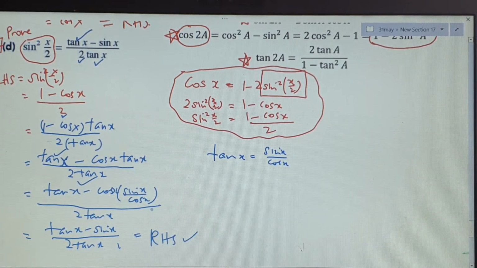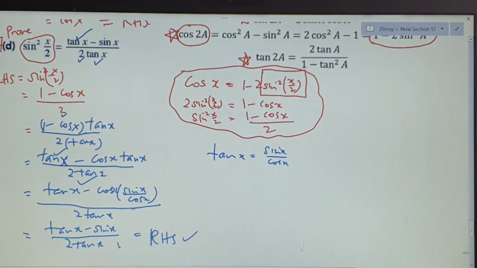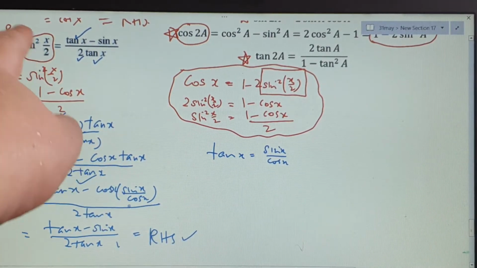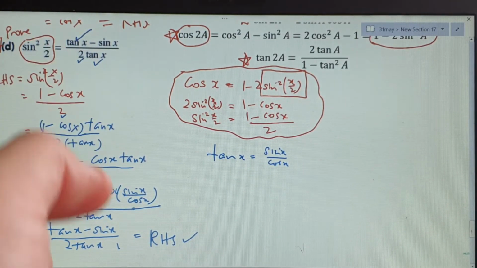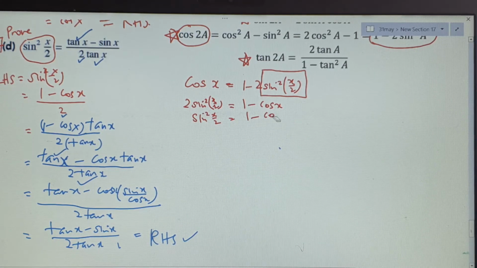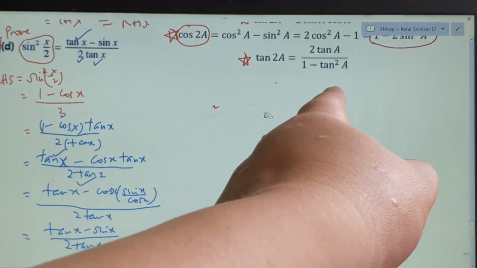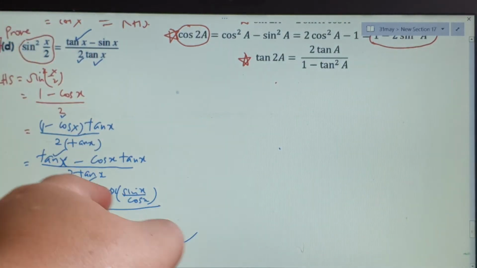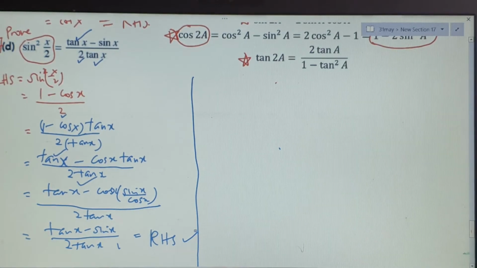Okay? Yeah, alright. Now, if I don't start from the left hand side, if I were to start from the right hand side now, how would it look? Okay, let me erase this. Okay, so you see how powerful the double angle formula is to help you solve this kind of questions.